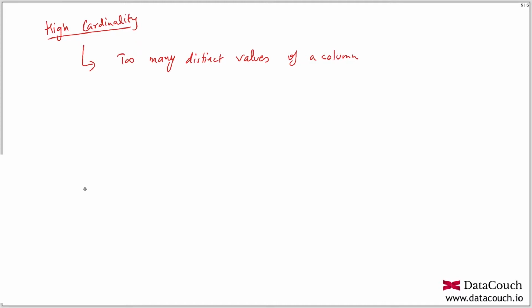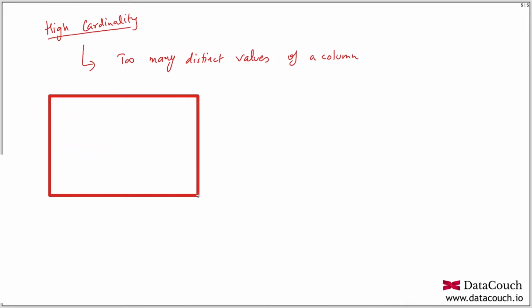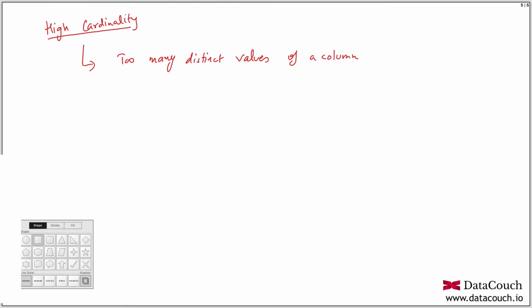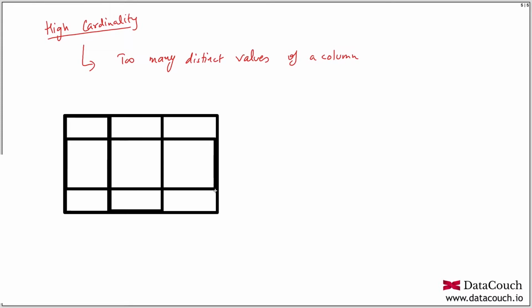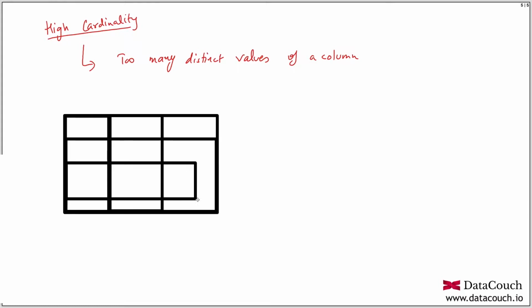So high cardinality data sometimes creates a lot of issues for us. So you as a domain expert, you need to take a call and simplify this so that machine learning models can learn faster. So what happens basically here is, let's say we have this, and in this we have data like this.